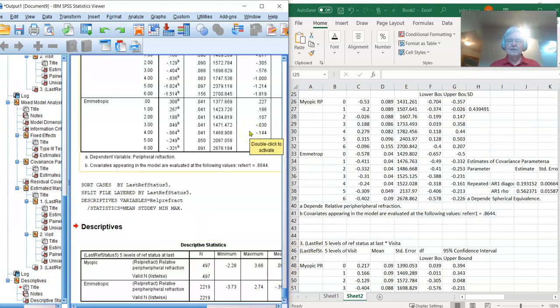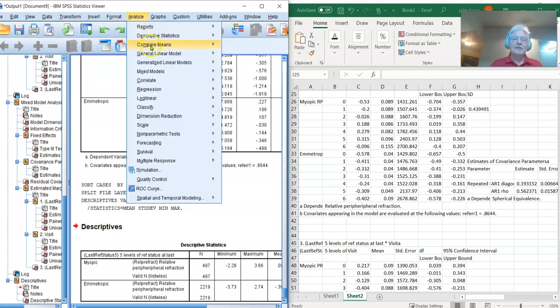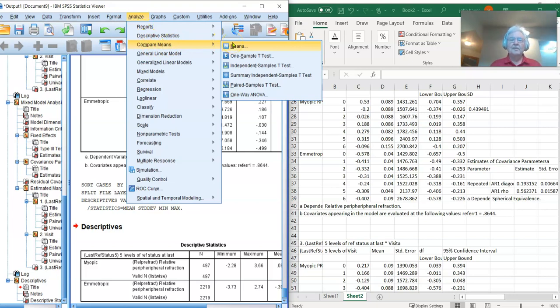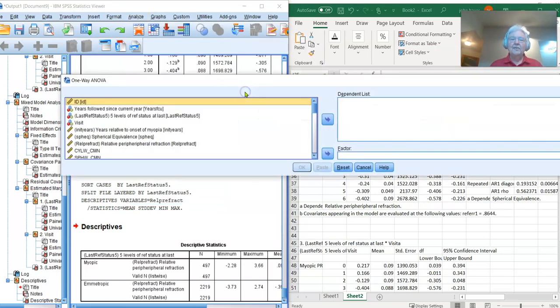Oh no. It's by visit. Shoot. Split file, analyze, compare means. I can do it this way, I think. This isn't a legit one way, but it gives us the Ns. Dependent, it's relative, what are we doing that one?